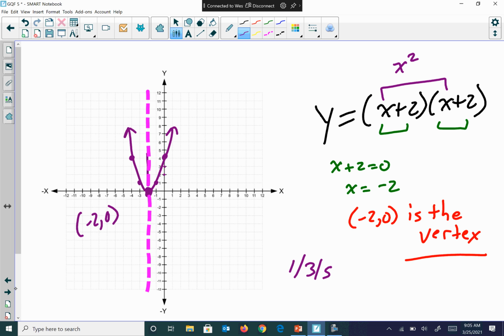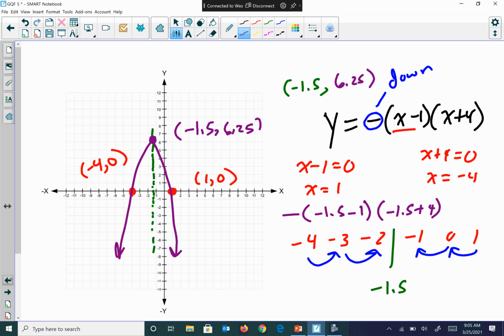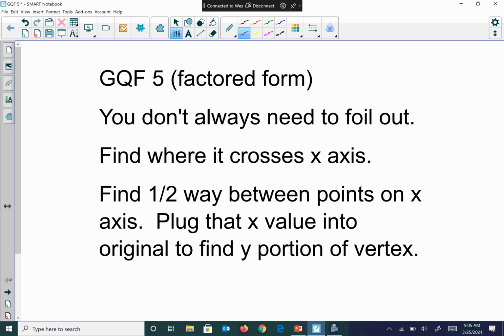So, I don't even know what page I'm on. What is the top of these notes? QF5. All right, so we are going to skip pages 63 and 64.